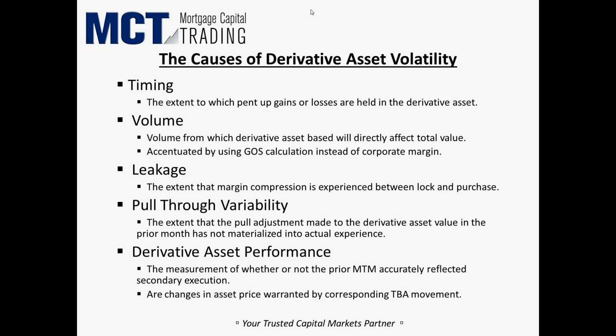And to be clear, going back to my example about pull-through adjusted values differing from pull-through adjusted volumes, let's say we were expecting 73% pull-through. You could actually come very close to 73% pull-through, but our pull-through adjusted value that we actually achieved on the open pipeline was substantially off.